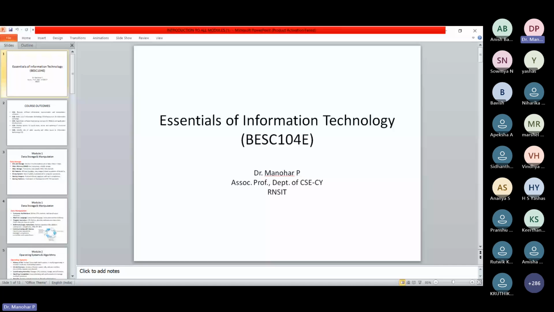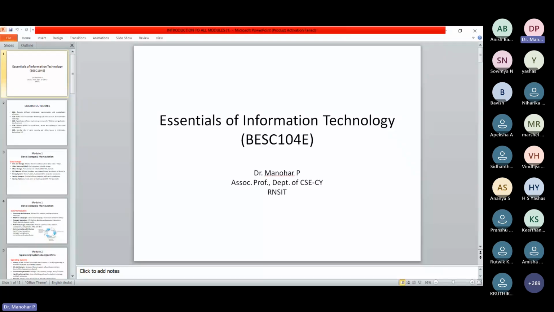These basics are essential for higher study, projects, and also for future careers in the field of engineering. Myself, Dr. Manohar P, Associate Professor from the Department of CSC Cybersecurity, is going to present today on this topic of essentials of information technology.